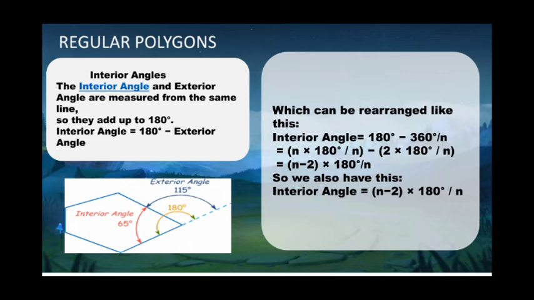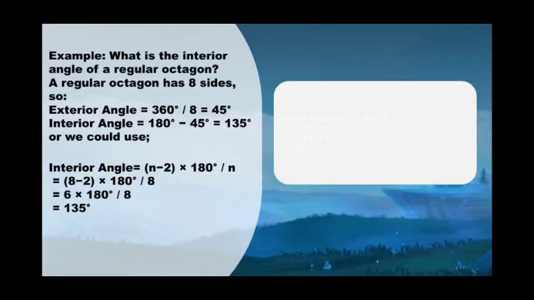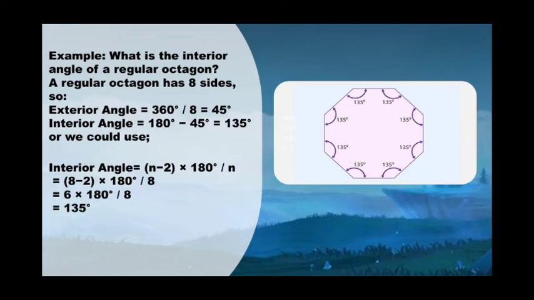So, for example, what is the interior angle of the regular octagon? So, di ba, nalaman na natin kanina na ang regular octagon has 8 sides. So, we're going to solve first the exterior angle. So, exterior angle is equal to 360 degrees divided by 8 is equal to 45 degrees.